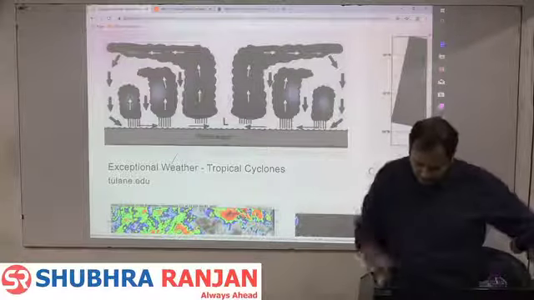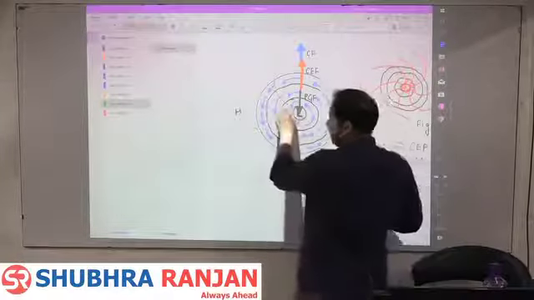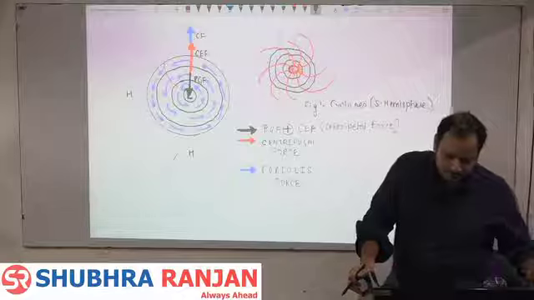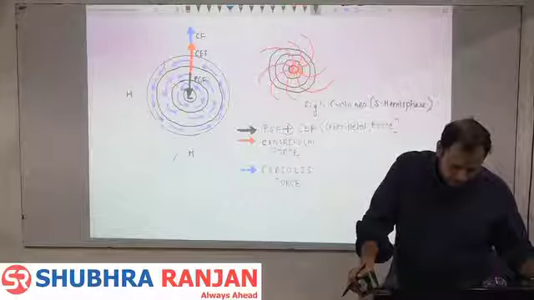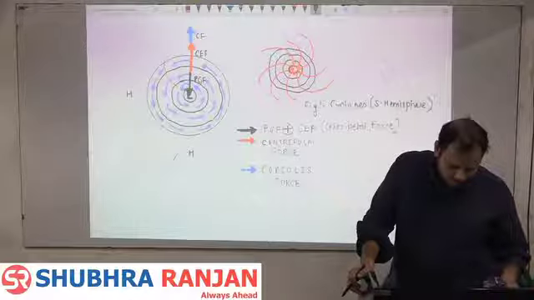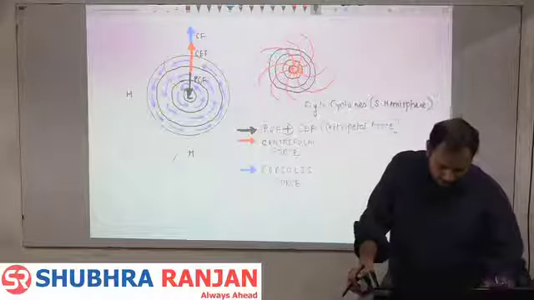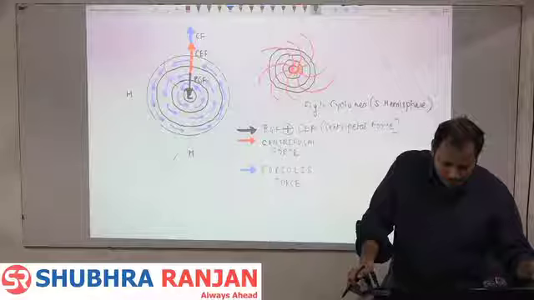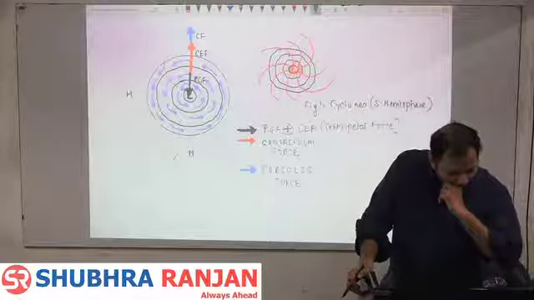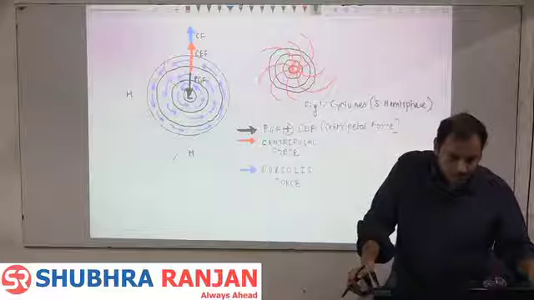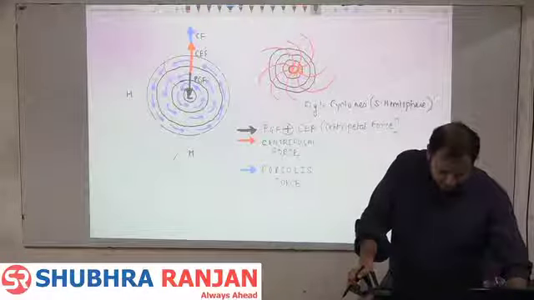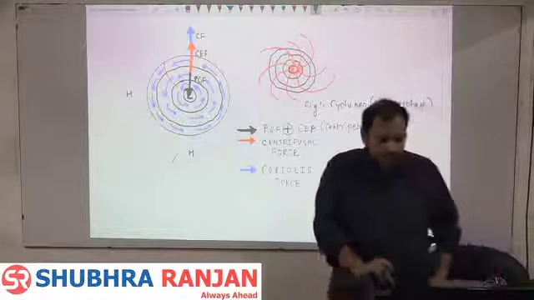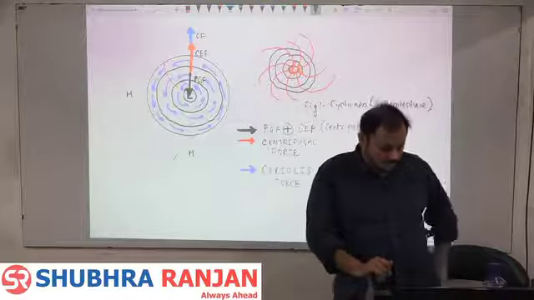This is a side view, this is top view. Condition 2. In the anticyclonic circulation, the pressure gradient or the pressure difference between the high pressure and low pressure is not great.